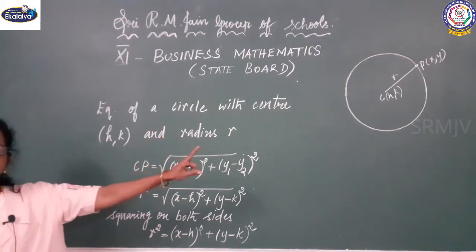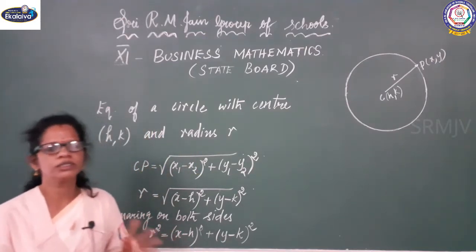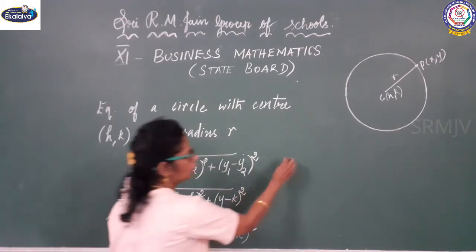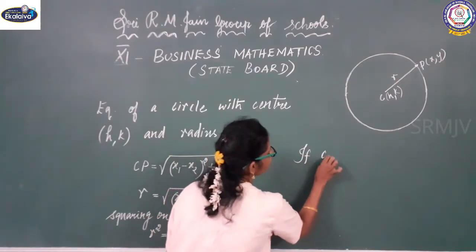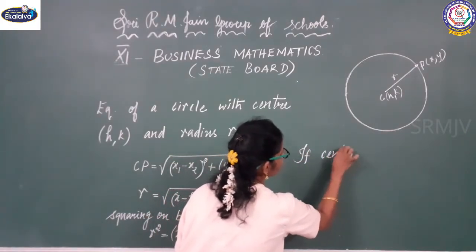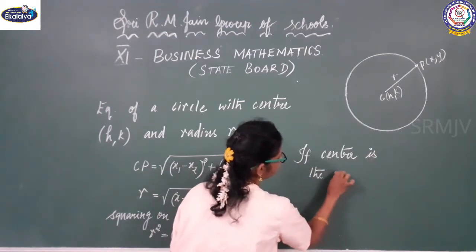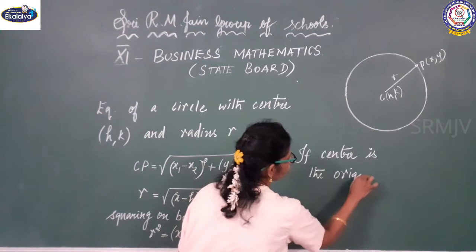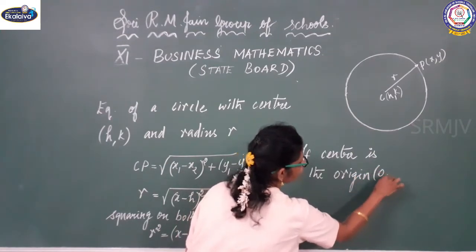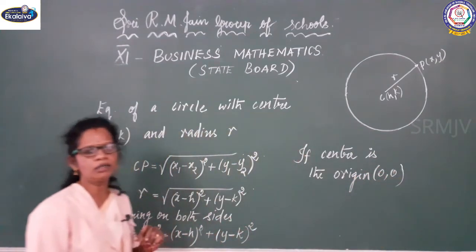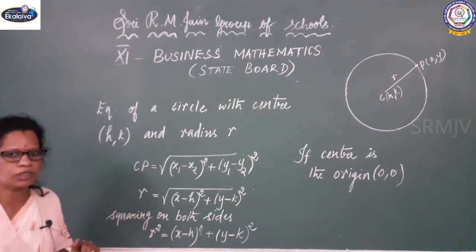Suppose your center is the origin, what is the equation of the circle? Center is the origin. Origin is nothing but 0, 0. Origin means the coordinate is 0, 0. Then what is the equation of a circle?